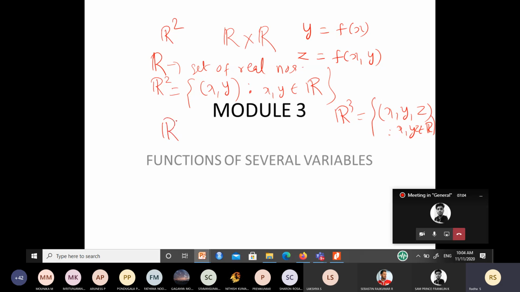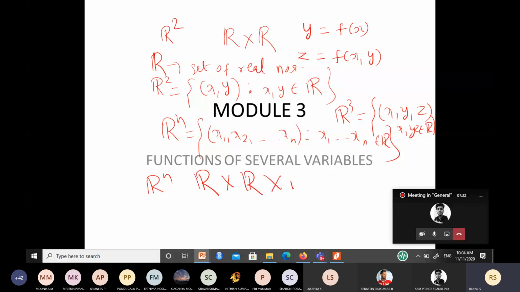In general, R power n is nothing but the set of x1, x2, etc., xn, such that each of these xi are from the set of real numbers. That is called R power n. It's not actually the power; it is the direct product, R direct product R direct product.